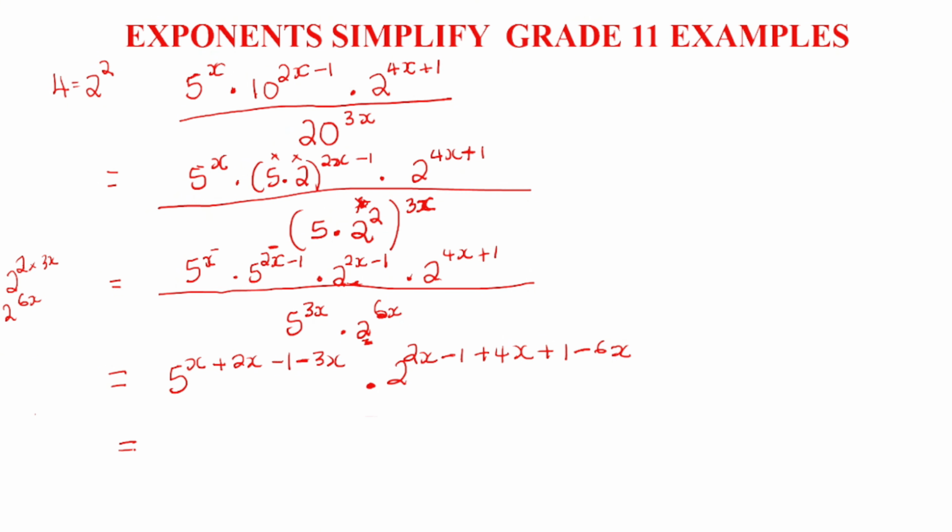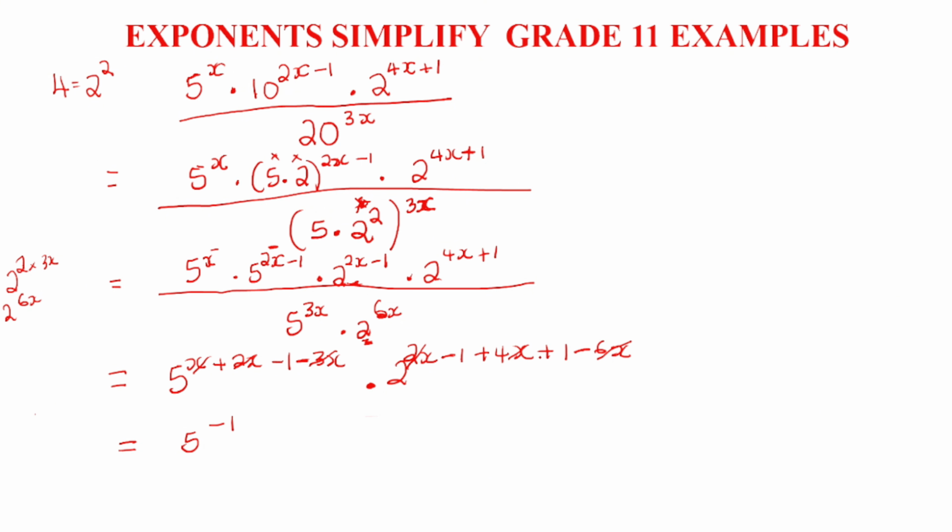So now the only thing we need to do is to simplify the exponents. Here I've got x plus 2x, which is going to give us 3x, minus 3x, therefore this cancels out because positive 3x and minus 3x cancel out. Therefore I'm going to be left with 5 to the power of minus 1. Here we've got 2x plus 4x, which gives 6x, minus 6x, therefore it's 0, which means this cancels out.